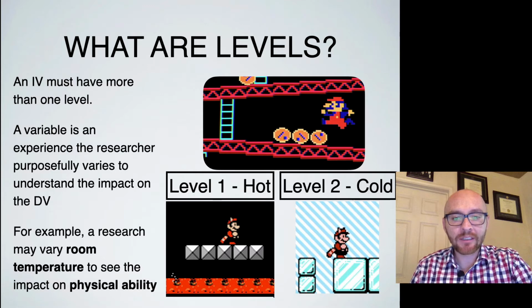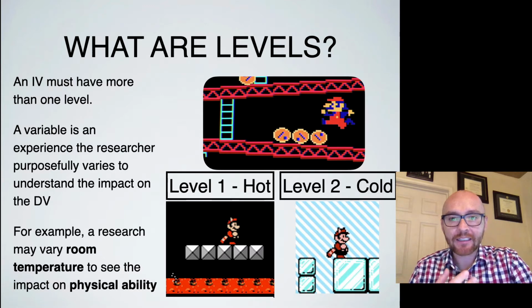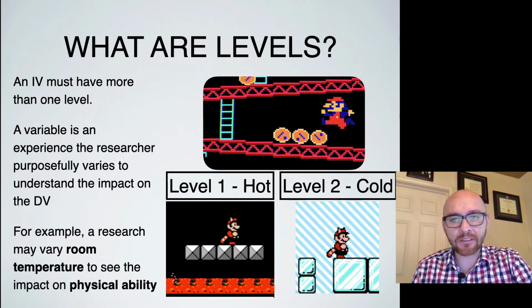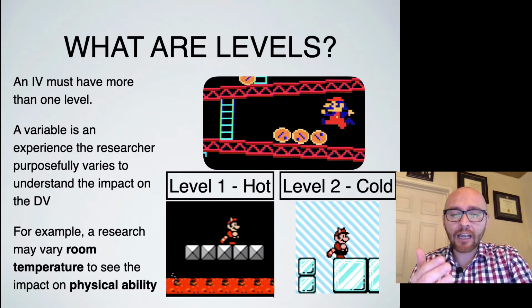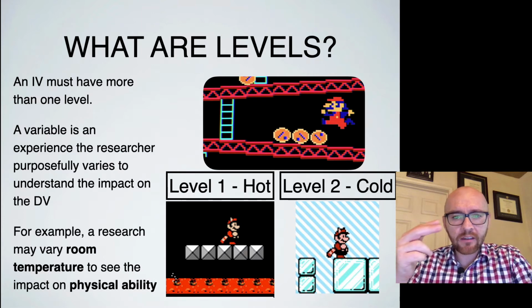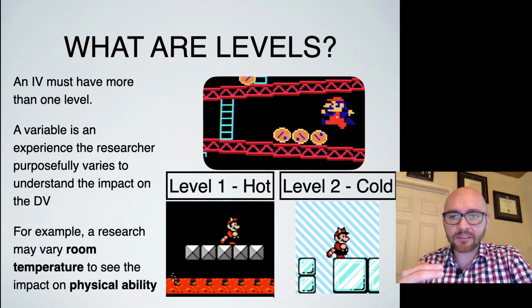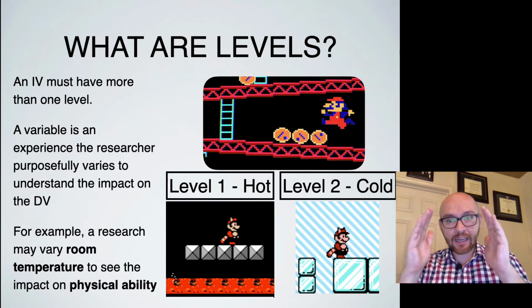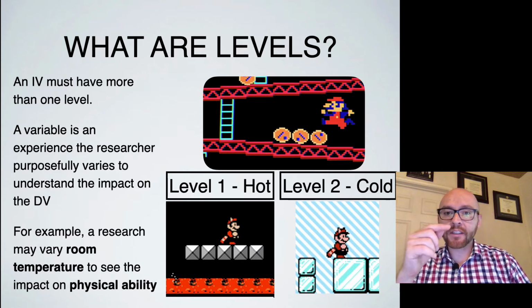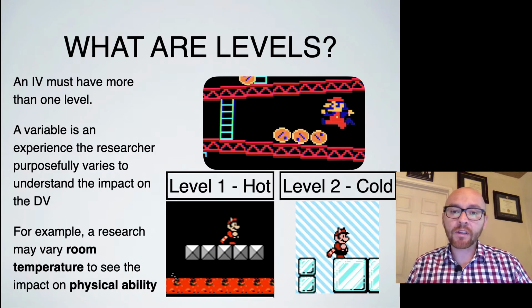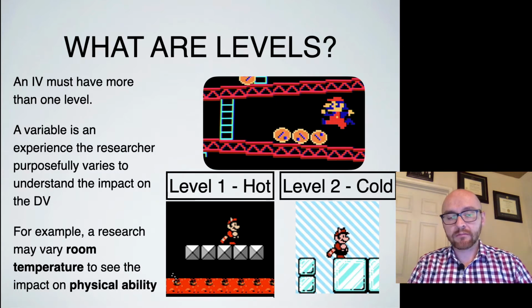So for example, if I have Mario here, and my study is looking at how temperature impacts how well Mario is able to complete this level, well, I might have two levels. I might have a really hot level, the lava level, and I might have an ice level, a really cold level. Those are two different levels of my IV, which would be temperature, right? So looking at the IV of temperature, what are the different variations within temperature? Two: lava and ice.